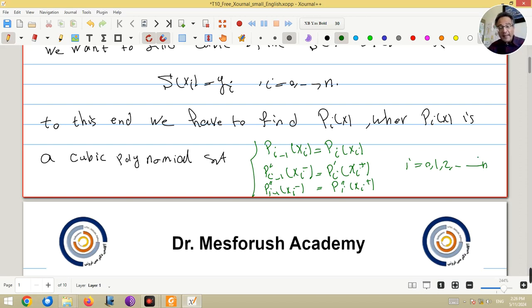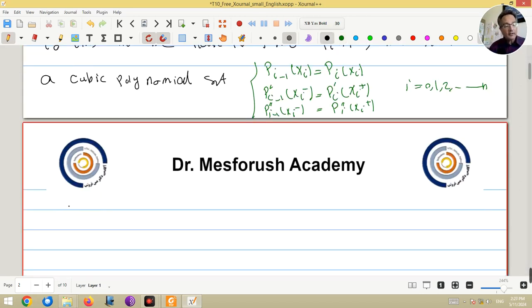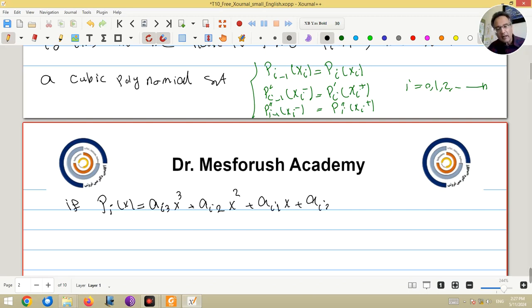Now if we consider each pi of x, let me write it in this form: ai3 x cubed plus ai2 x squared plus ai1 x plus ai0. Each pi of x has a form like this.